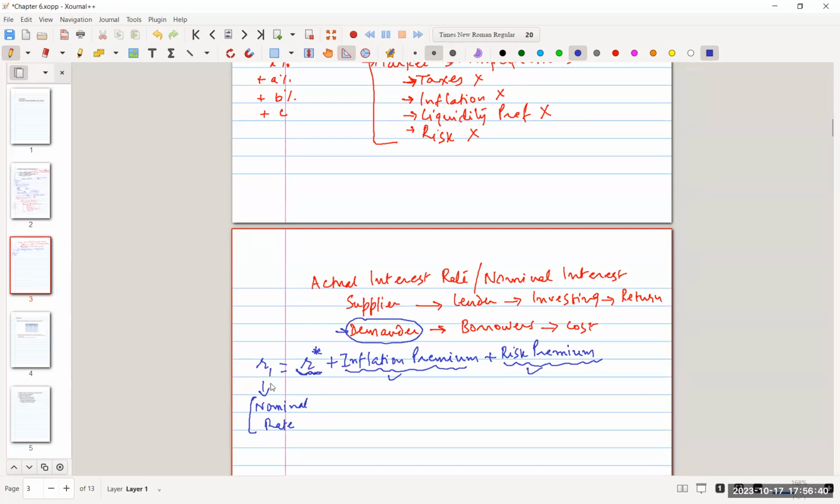Please do remember, the nominal rate is equal to the real rate, R star, plus the inflation premium, plus the risk premium.